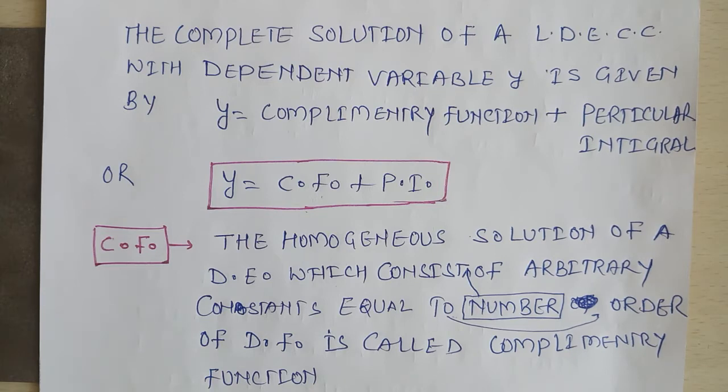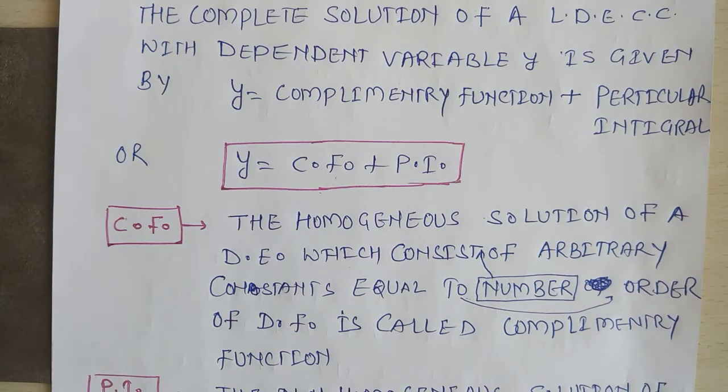Suppose the given LDCC is of second order, then the complementary function consists of two arbitrary constants C1 and C2. And for a third order LDCC, the complementary function consists of three arbitrary constants C1, C2 and C3.